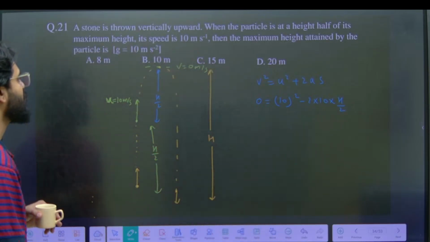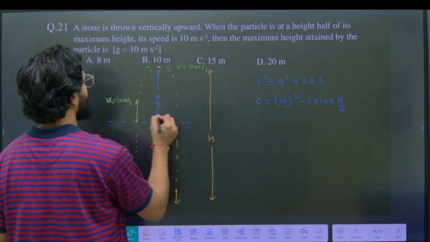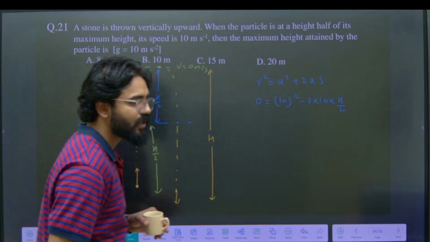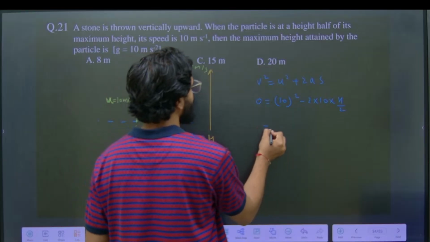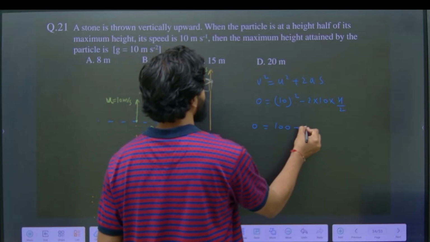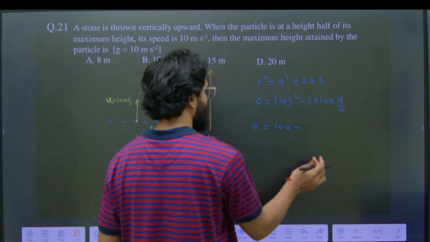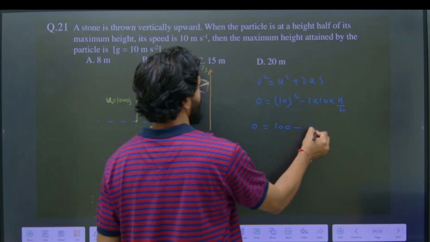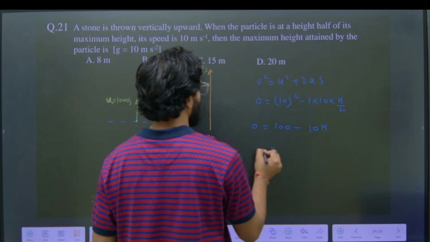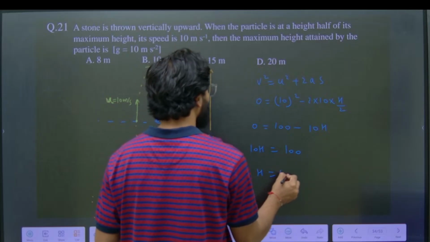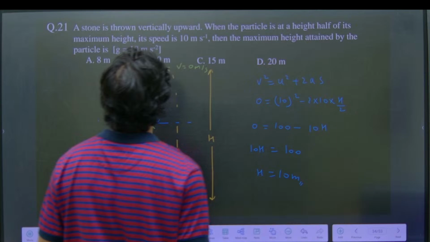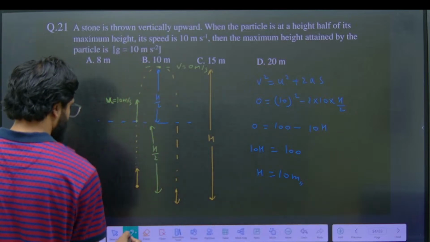So we are applying this particular equation from here to here, but this distance is h by 2. So in one go we can calculate it. So 20 into h by 2 is 10h, so h is coming as what?